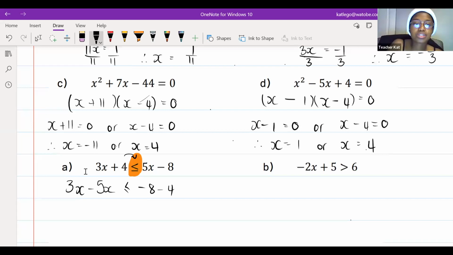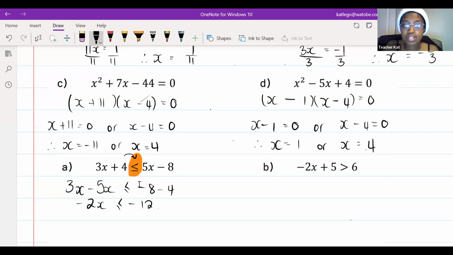Now let's add our like terms. What is 3x minus 5x? Is it just 2x? Negative 2x is less than or equal to negative 12.